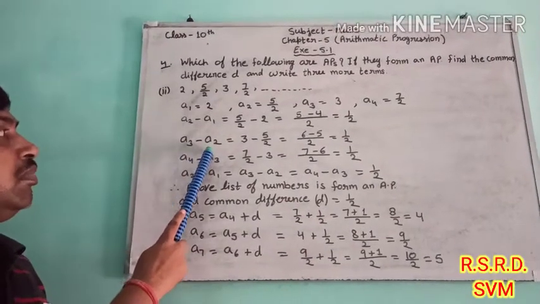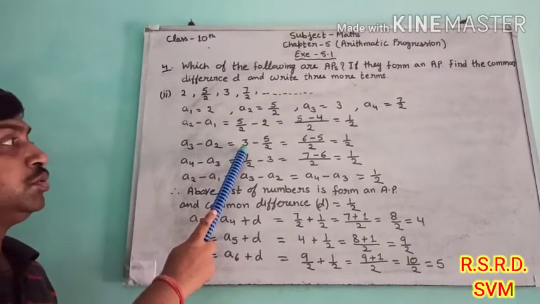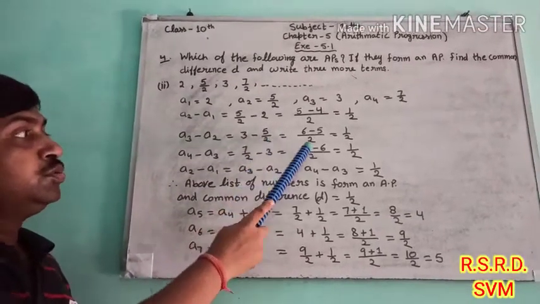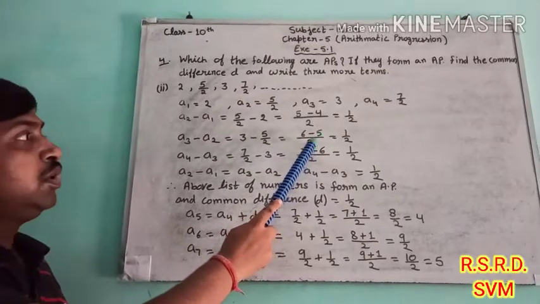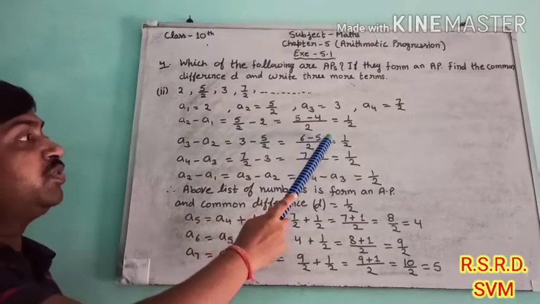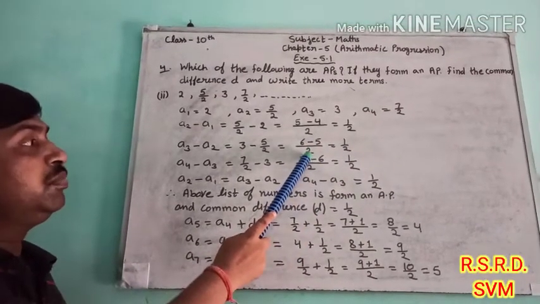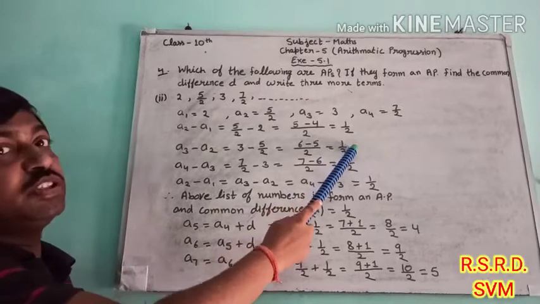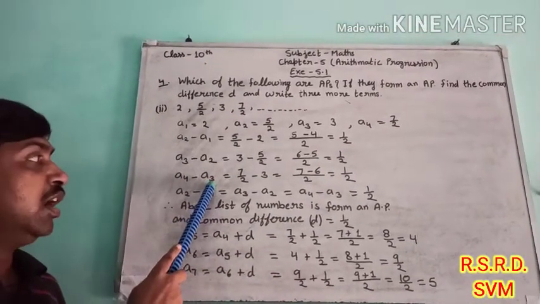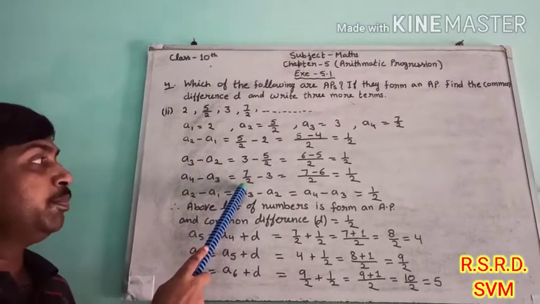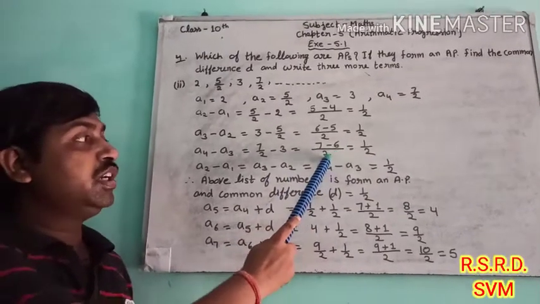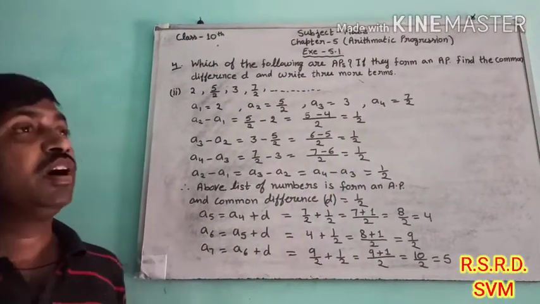Similarly, the third term minus second term equal to 3 minus 5 upon 2. Denominator is 2, so LCM is 2. Numerator becomes 2 times 3 is 6 minus 5, which is 1, and denominator is 2, so the difference is 1 upon 2. Fourth term minus third term equal to 7 upon 2 minus 3 equal to 7 minus 6 upon 2, that is 1 upon 2.